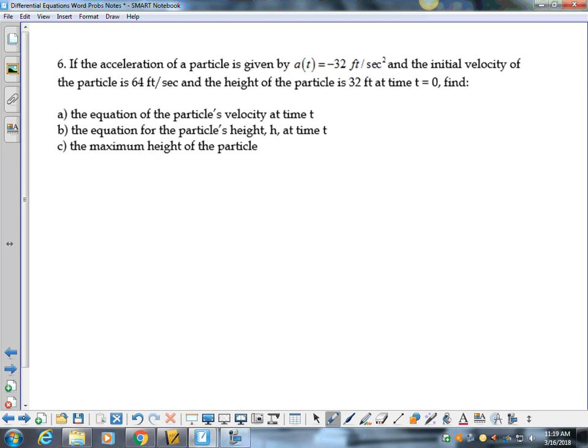Find the equation of the particle's velocity at time t. Find the equation of the particle's height at time t. And find the max height of the particle. Didn't I give you a formula for position?